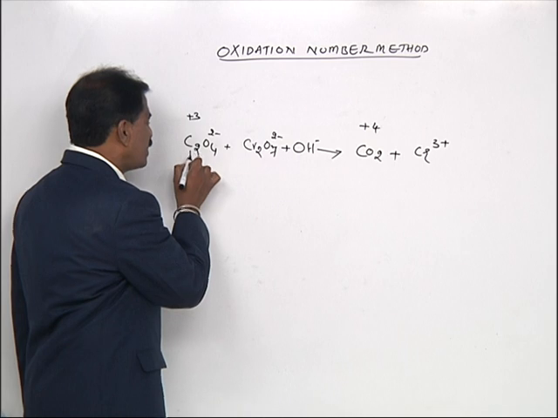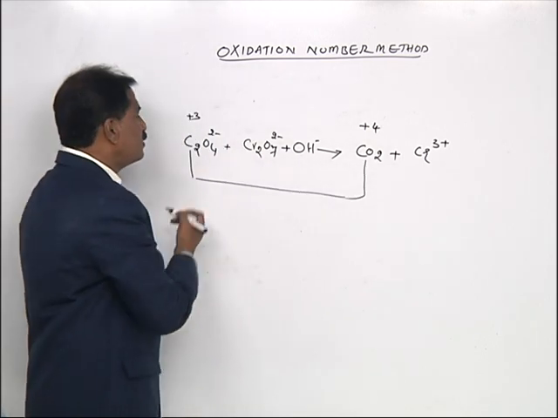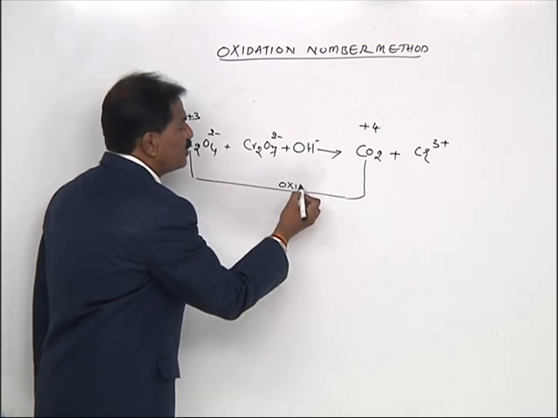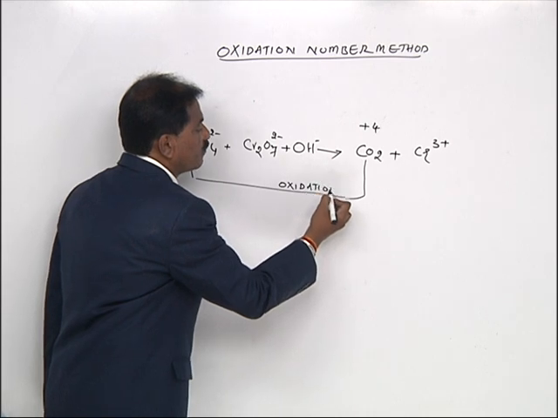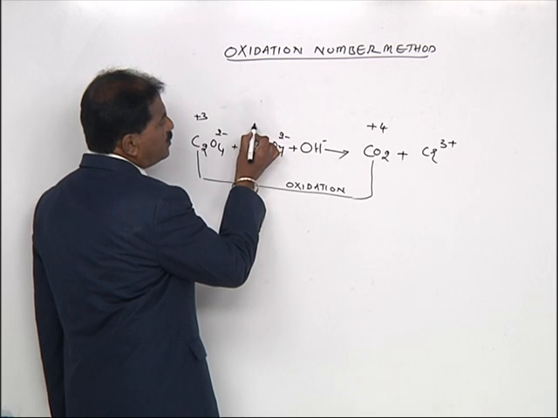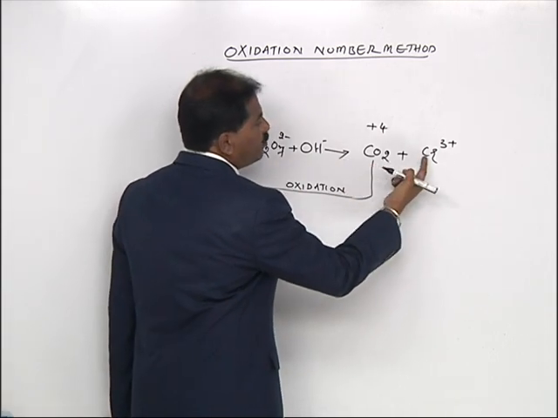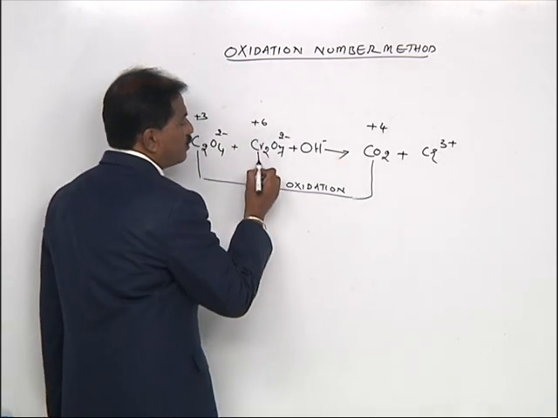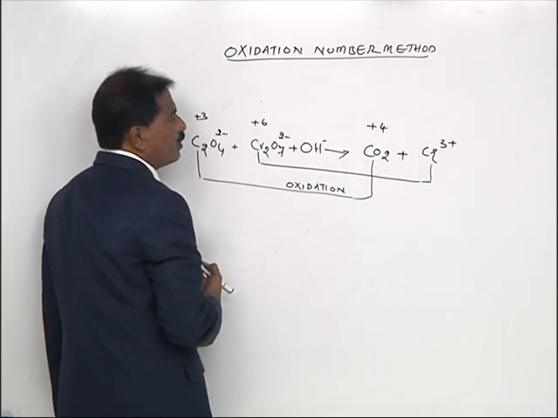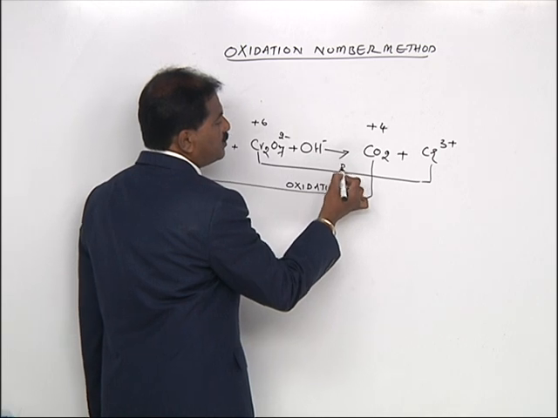Now, identify what type of change is happening. For carbon there is an increase in the oxidation state. Hence, we can say carbon is undergoing oxidation. Similarly, chromium. Observe the oxidation state of the chromium here, +6. The oxidation state of the chromium here is +3. Therefore, here +6 to +3, there is a decrease in the oxidation state. Hence, it is called reduction.